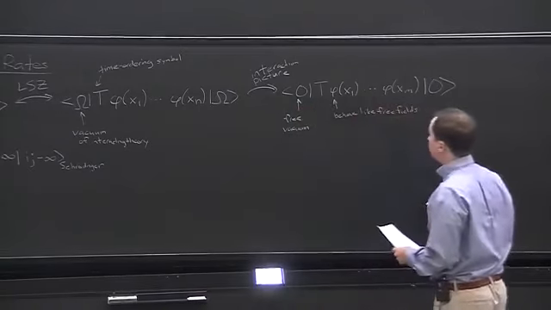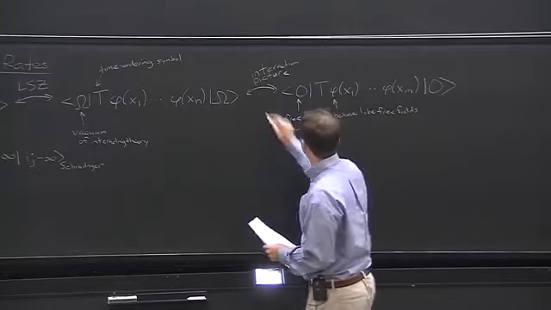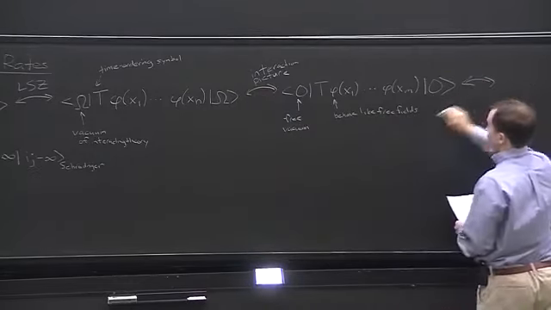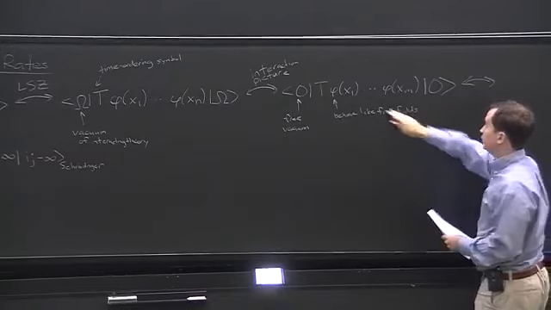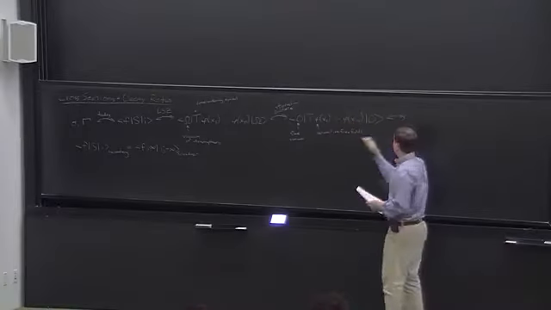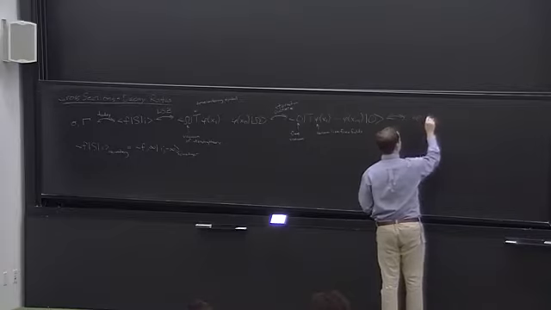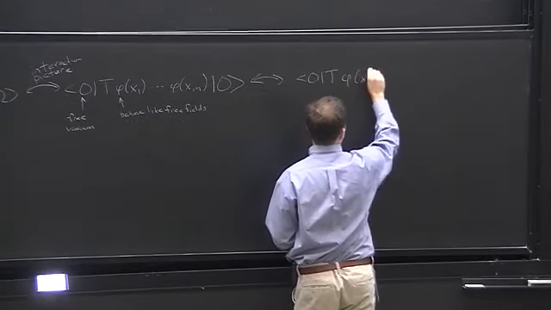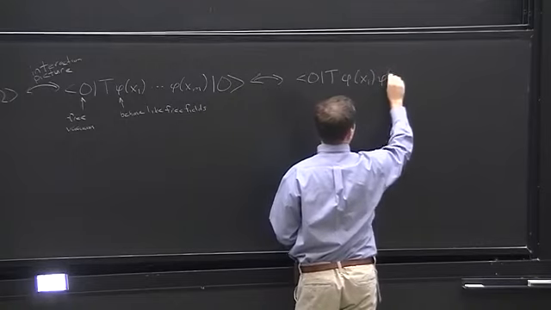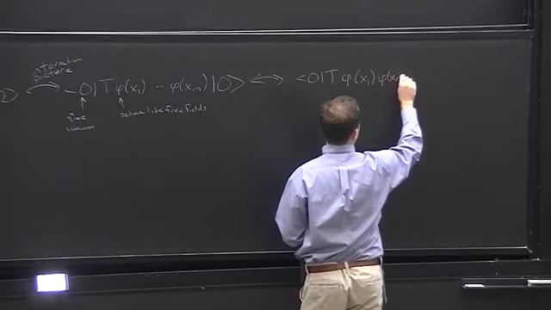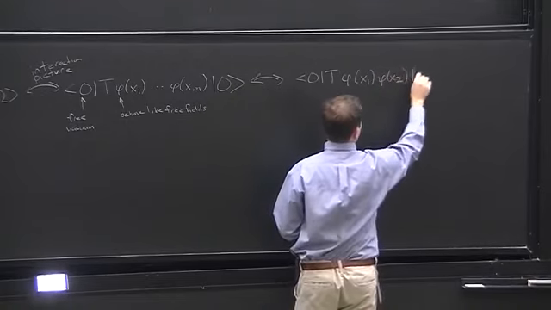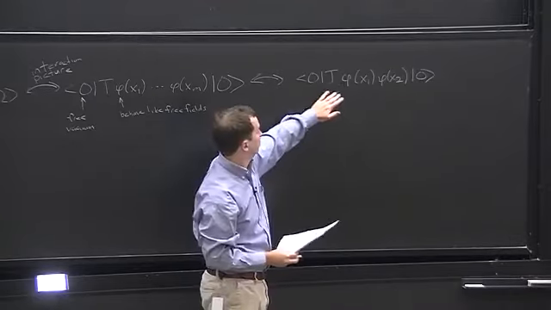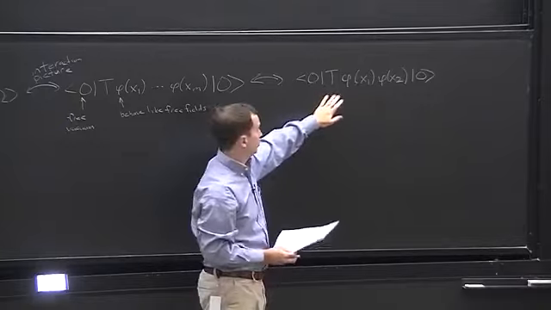And the last step will be we'll be able to relate this time-ordered product of lots of fields to the expectation value of the time-ordered product of two fields, which is something very closely related to what you computed in tutorial yesterday.